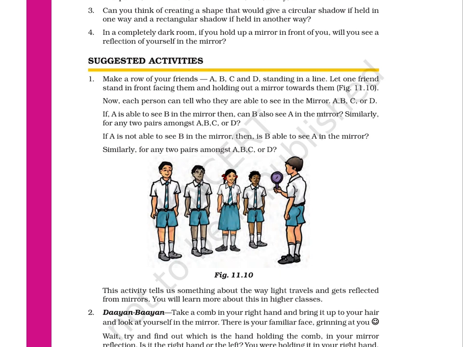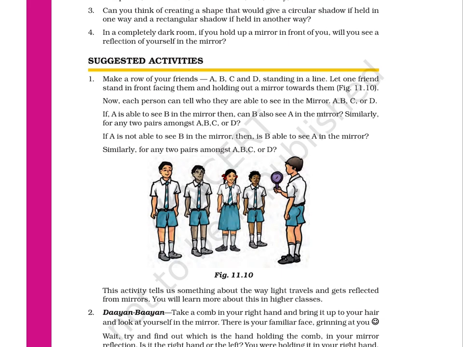Similarly, for any two pairs amongst A, B, C or D. If A is not able to see B in the mirror, then is B able to see A in the mirror? Similarly, for any two pairs amongst A, B, C or D.